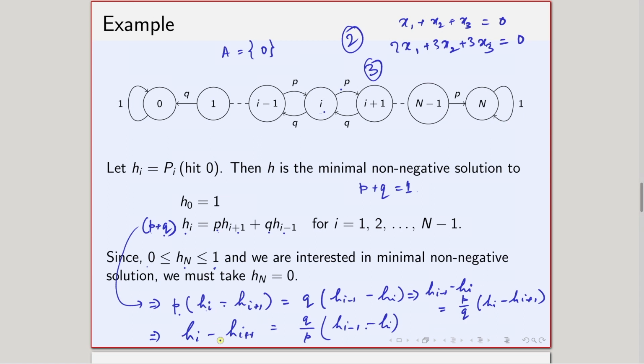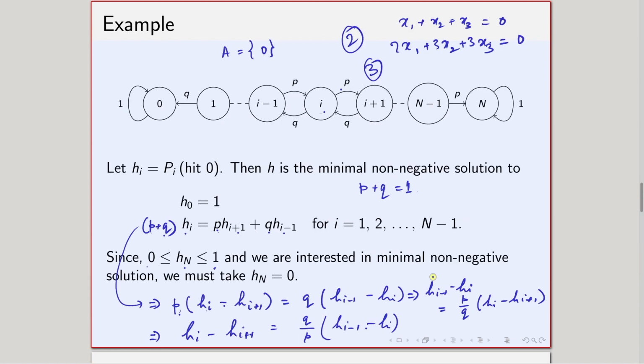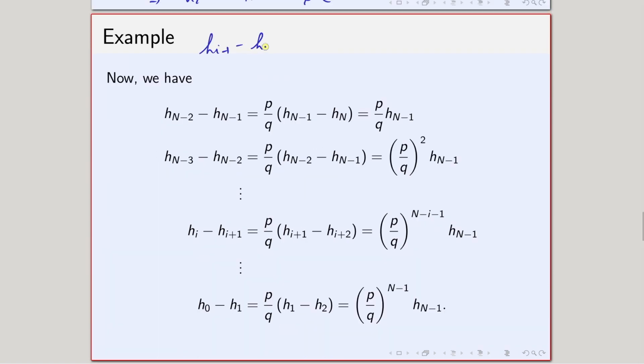In one case I took P to the other side, and in the other case I took Q to the other side and divided by Q. We take this particular form, and let me write this in the next slide. So we get this particular expression.